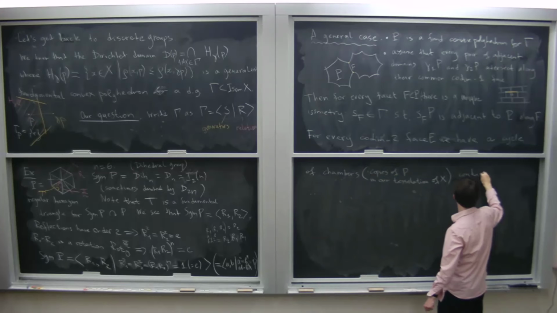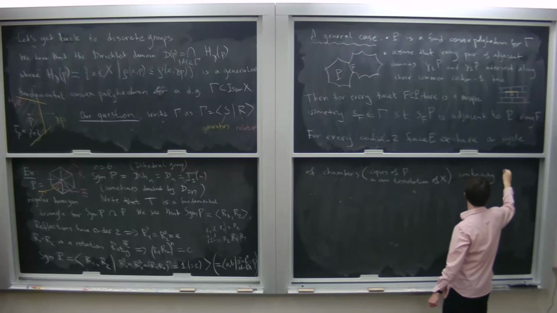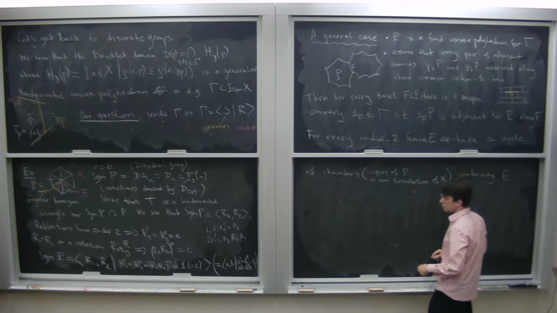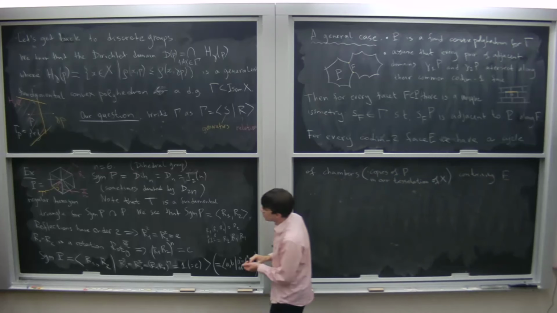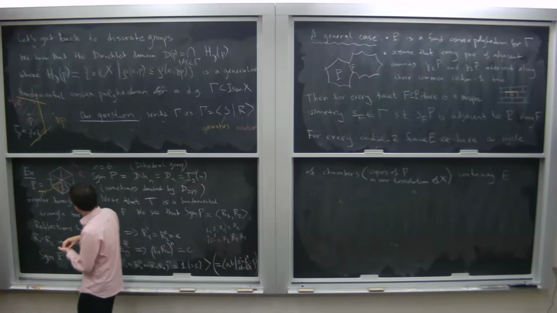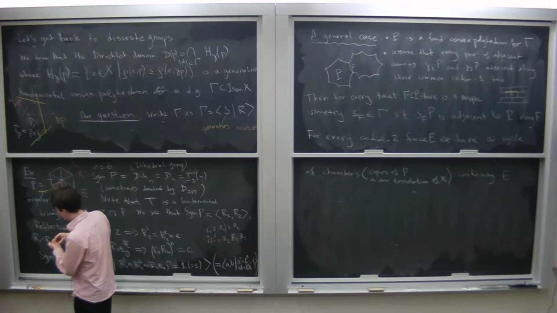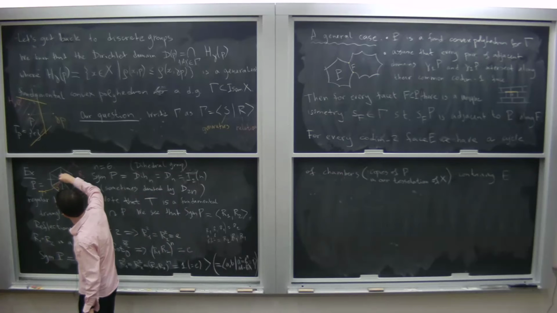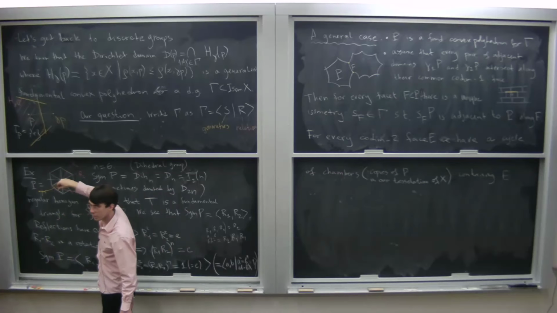containing E. In this picture, this E is here. It is the origin. So this point is a vertex of my tiling. For this vertex, I have the following cycle. I have many 2n triangles, all containing it.